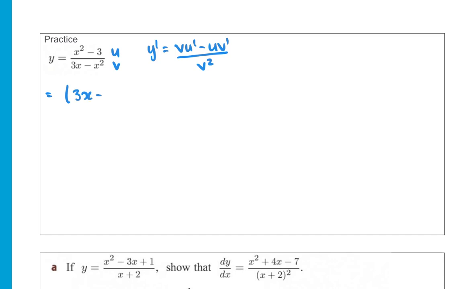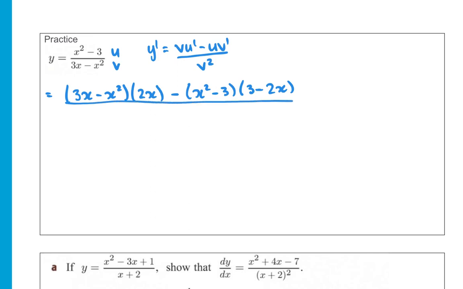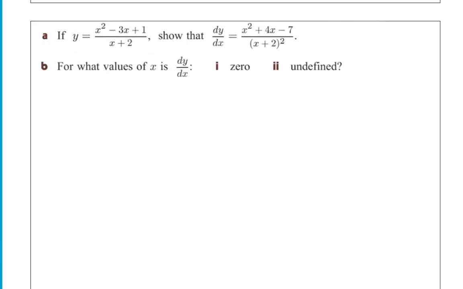Okay, so v, 3x minus x squared, times u dash, which is 2x, minus u, x squared minus 3, times 3 minus 2x, all over 3x minus x squared in brackets all squared. Now this one we could expand if we wanted to.